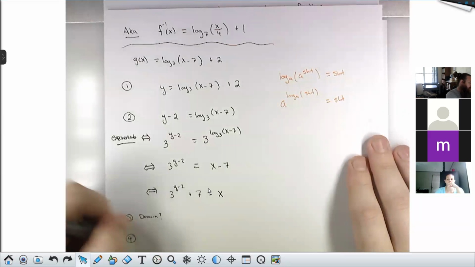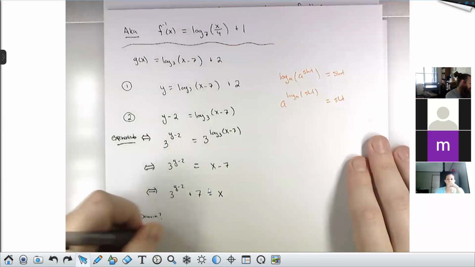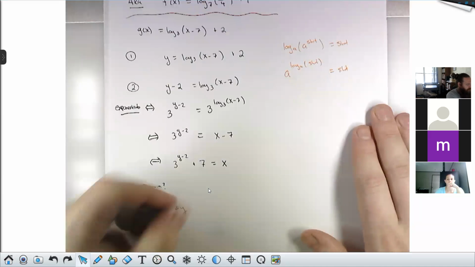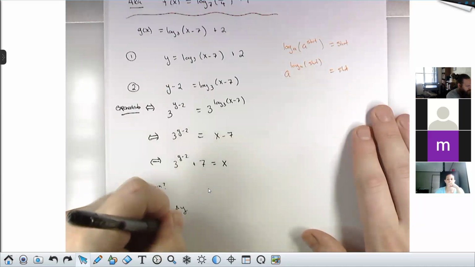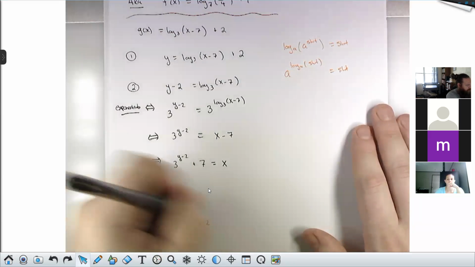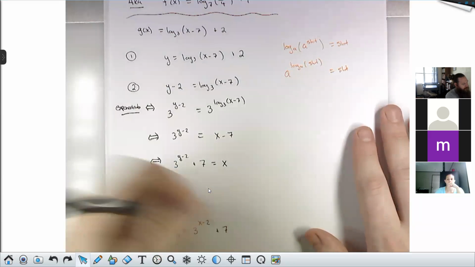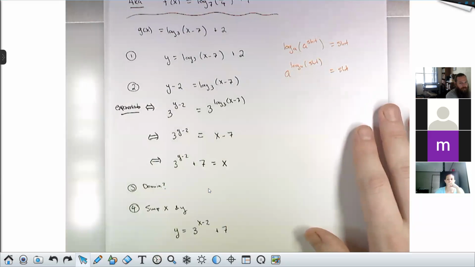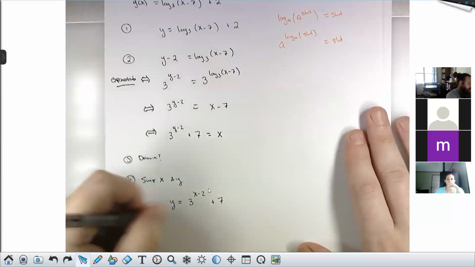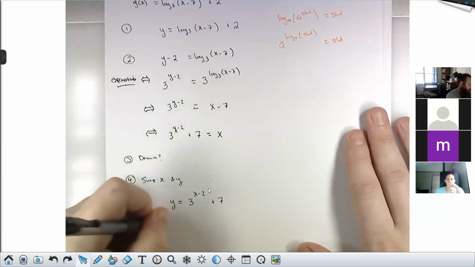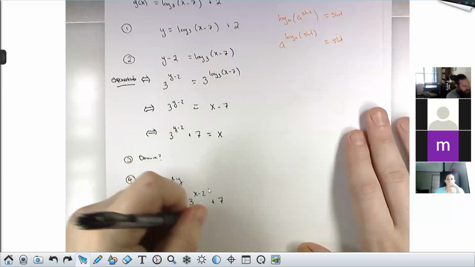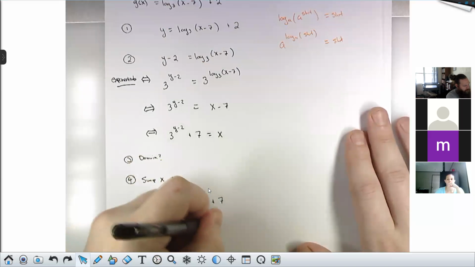But we do need to swap x and y. So it'll give me y equals 3 to the x minus 2 plus 7, which means that is my inverse. So g inverse of x is 3 to the x minus 2 plus 7.